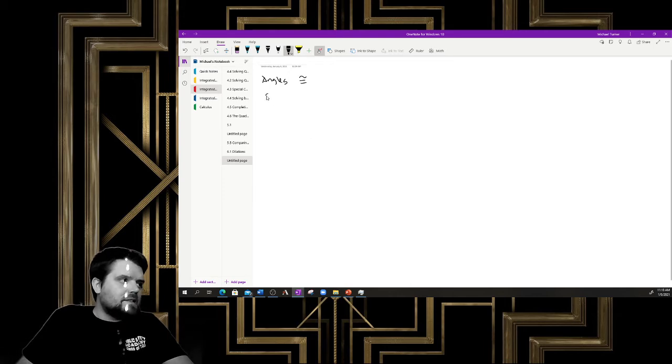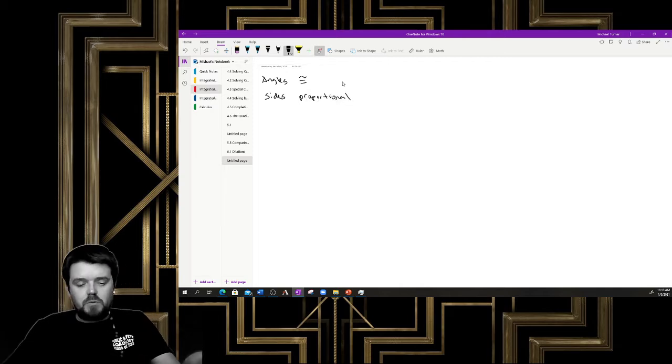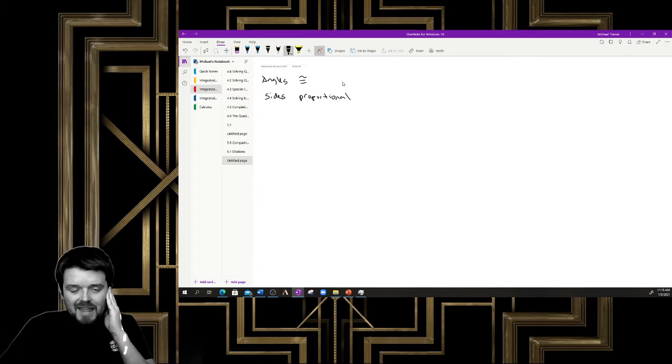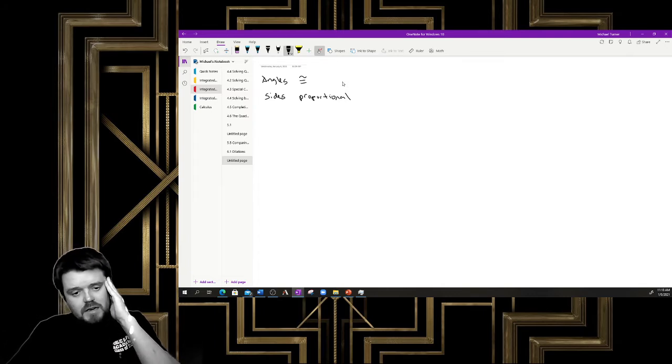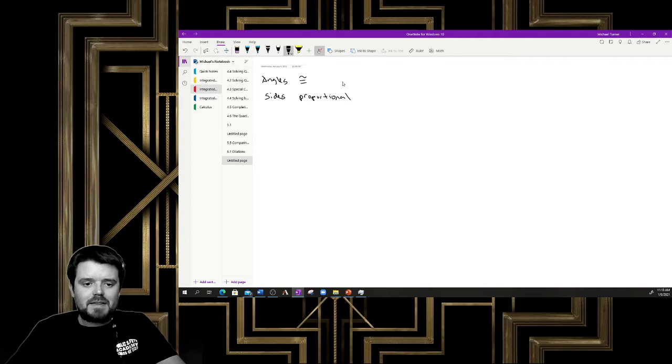The sides have to be proportional. So if I divide any two pairs of sides to get the ratio, which we did in 6.1 talking about dilations, that ratio has to be the same for any pair of sides that I choose. All the sides have to have that same proportion.